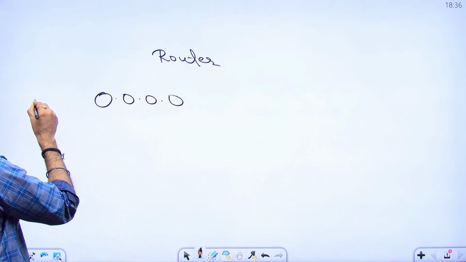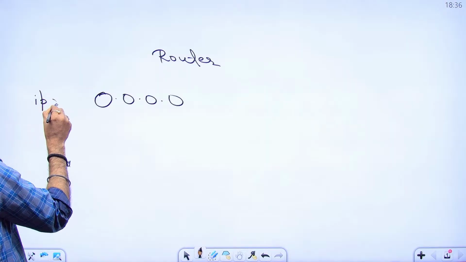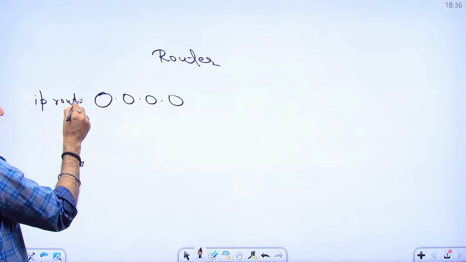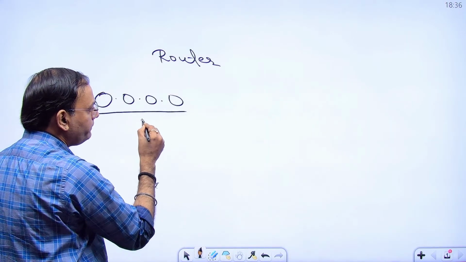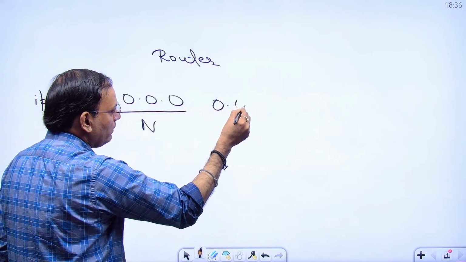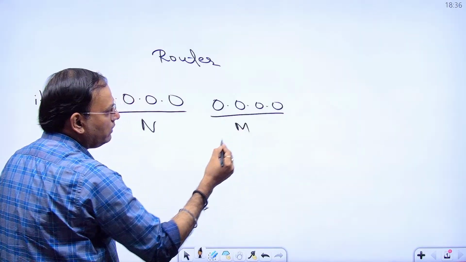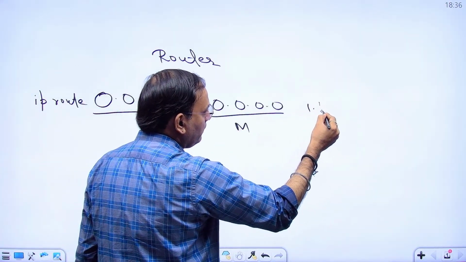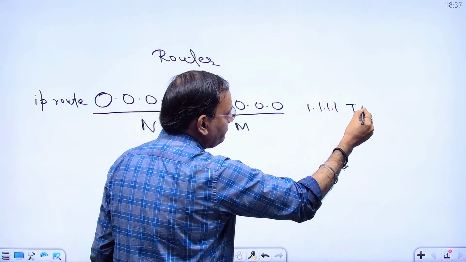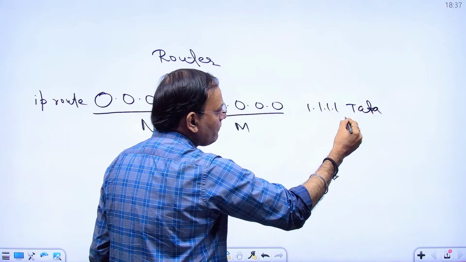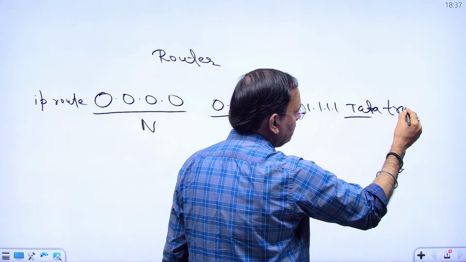Let me write down the syntax. IP route, this is your network, this is your mask, this is your next hop, the Tata next hop, with track.